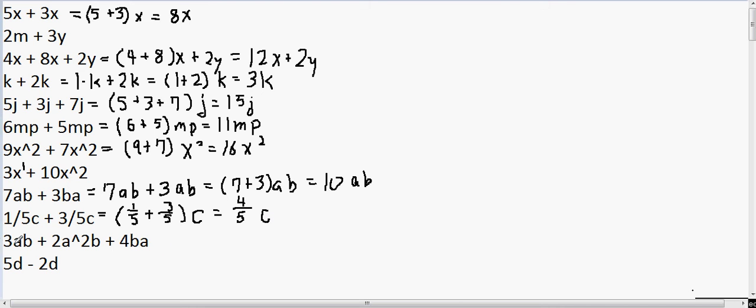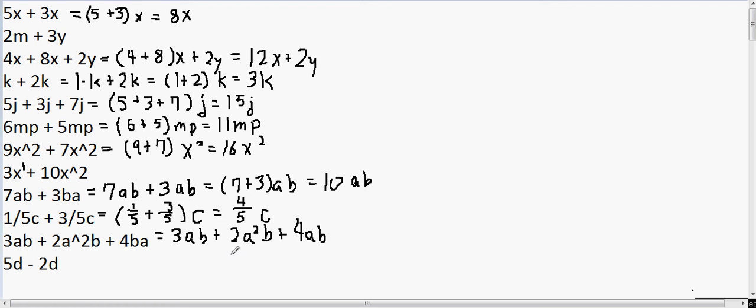Next, we have 3ab plus 2a squared b plus 4ba. Once again, let's go ahead and rearrange all the terms so that all the variable parts are in alphabetical order. If we do that, we get 3ab plus 2a squared b plus 4ab.